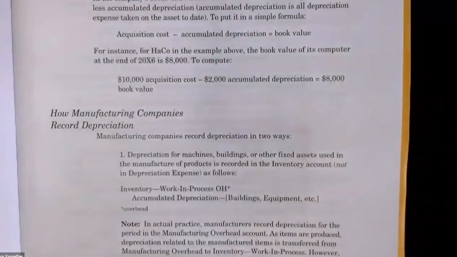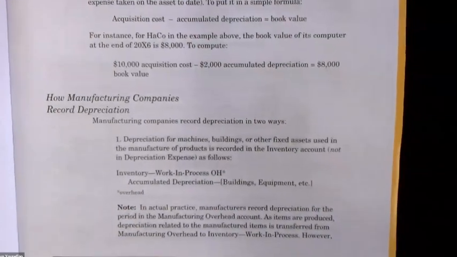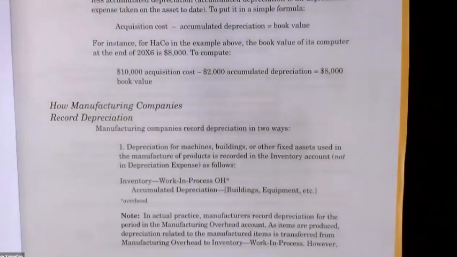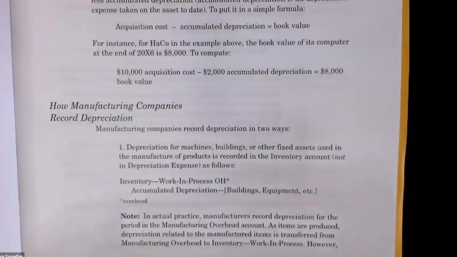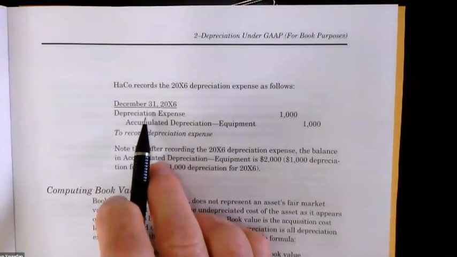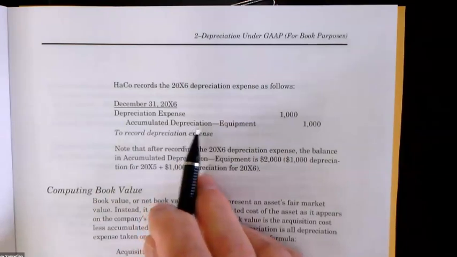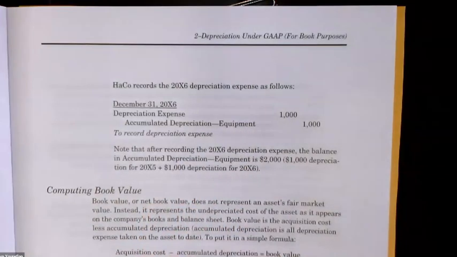So if you took managerial accounting, maybe you know this already, but if you haven't, then we have two types of things to depreciate. If you have an office and you also have a factory to manufacture some products, anything in the office will be depreciated as depreciation expense debit, accumulated depreciation, office equipment credit.